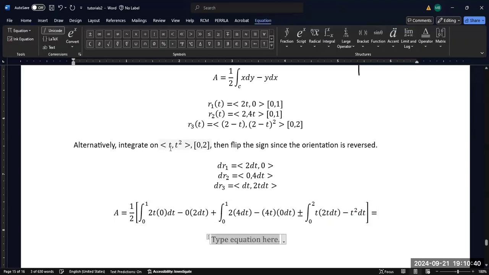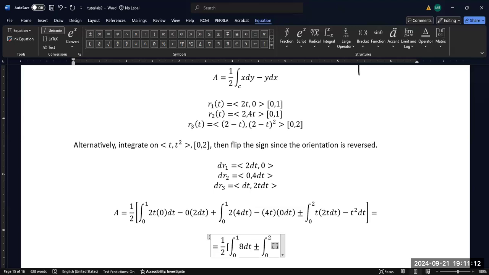Now, as I said, this first thing, this is all 0. So it's gone. This second component is 0. So let's just write the simplified version. 0 to 1, 8 dt. And then again, we'll check the signs here. And this will be 0 to 2.